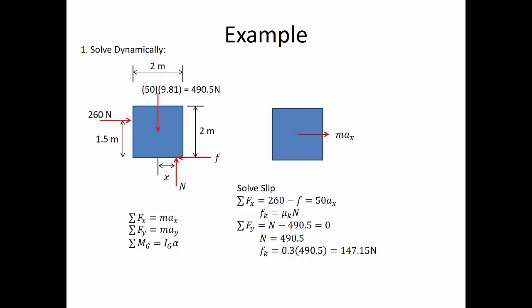And substituting that into our friction, we get that our coefficient of kinetic friction, 0.3, times our normal force is equal to 147.15 newtons. Substituting that into our equation for the forces in the x direction, we get 260 minus 147.15 is equal to our mass, 50 kilograms, times our acceleration in the x direction. And solving for our acceleration in the x direction, we get that it's accelerating at 2.26 meters per second squared, and it is in fact slipping.